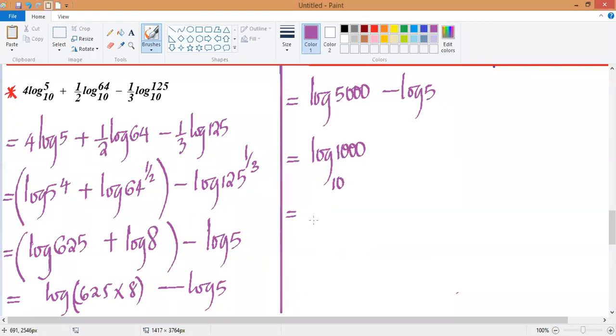Then we shall get 3 log 10 to base 10. Correct. Then we shall get 3 times 1, which will equal 3.